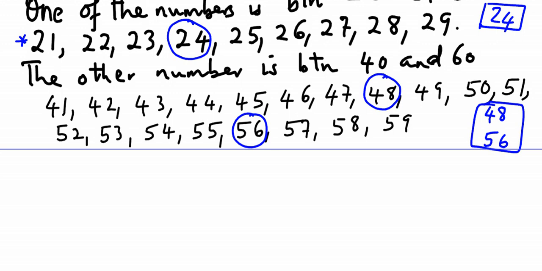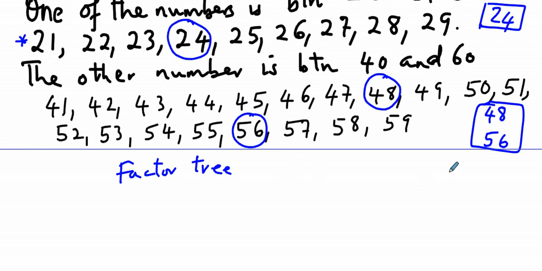Now, let us find the way how to discover which number among 48 and 56 will combine with 24. So let me use a factor tree to confirm the number.